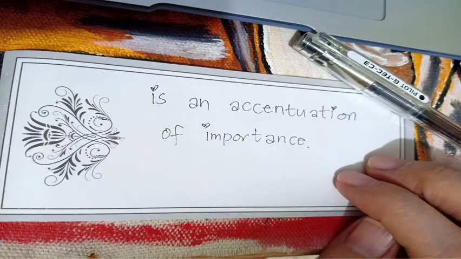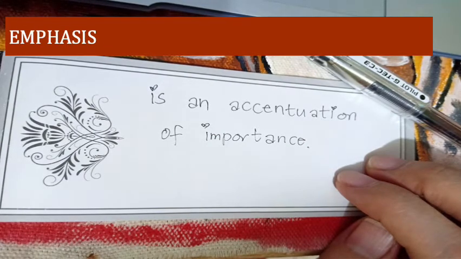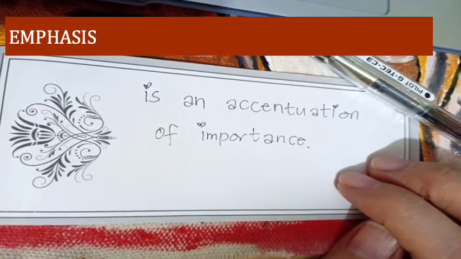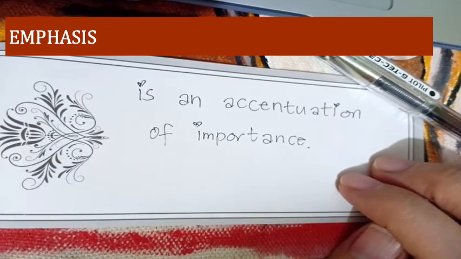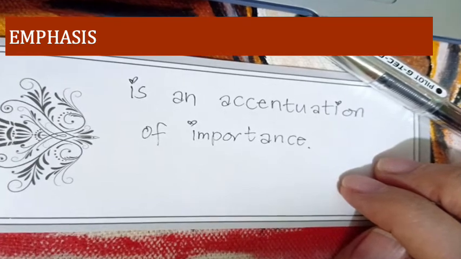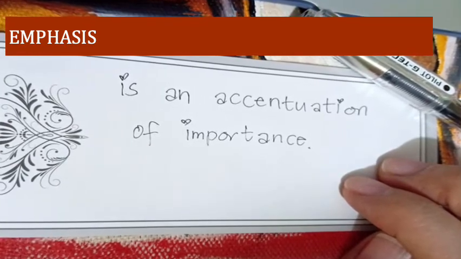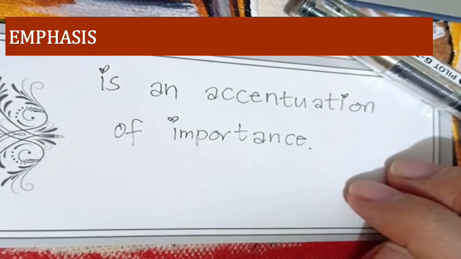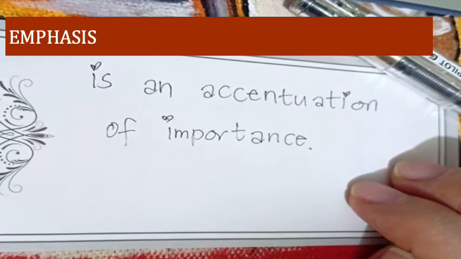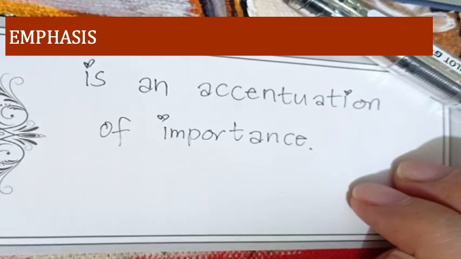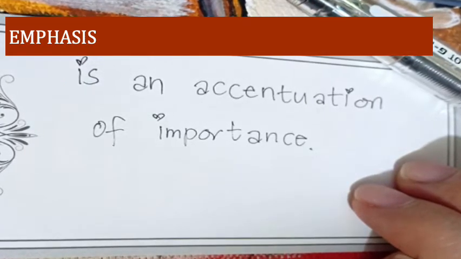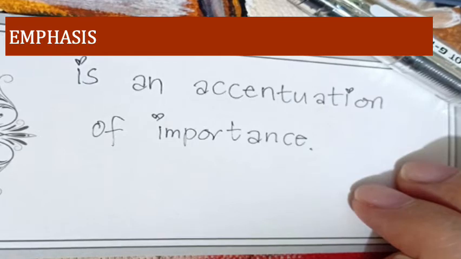And then we have emphasis. So when we say emphasis, it is an accentuation of importance. So ang ganina, if we accentuate the difference, now this one, it accentuates the importance of an object. So it's the part of the artwork that the eyes are drawn to first.